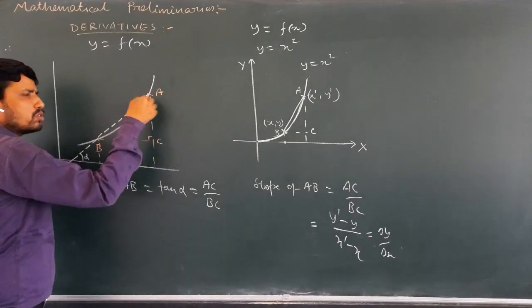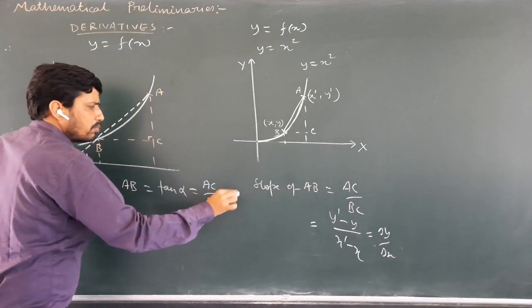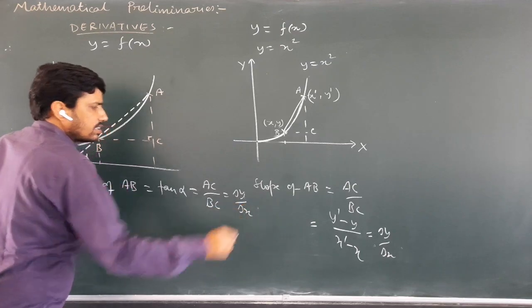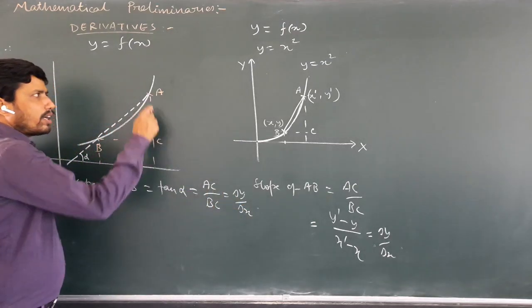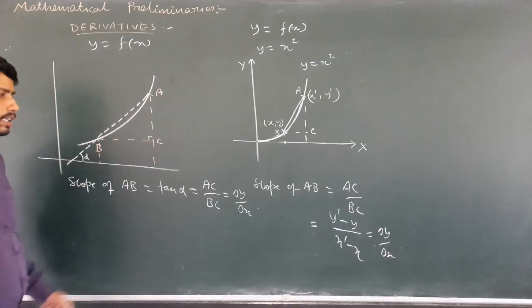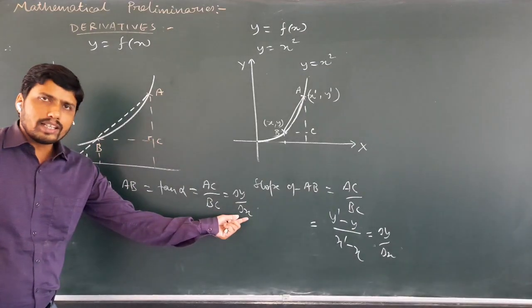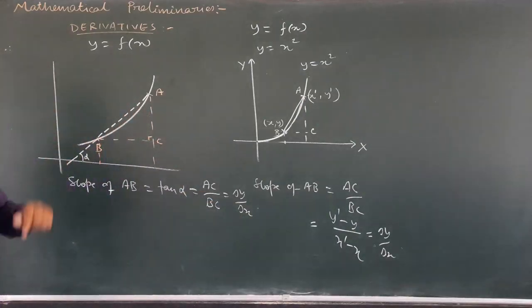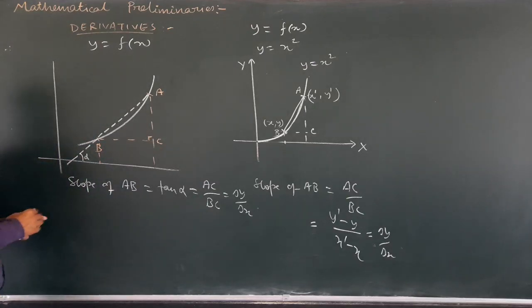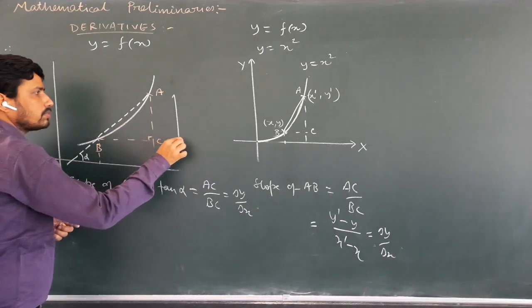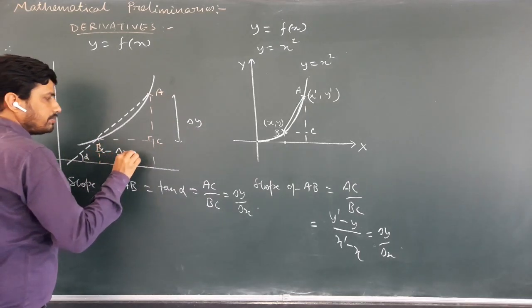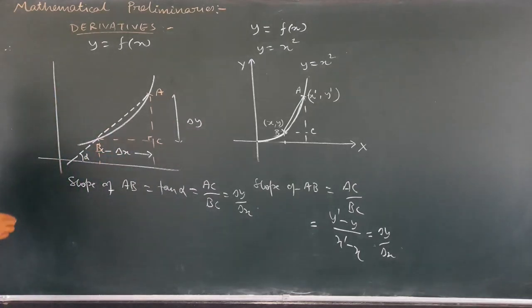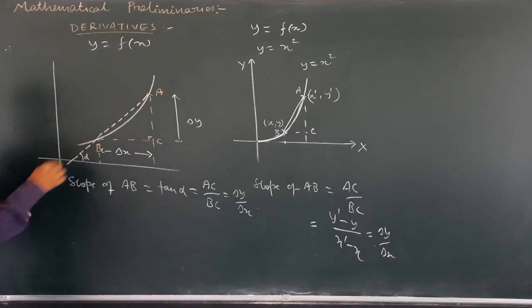And if we name these coordinates, we get delta y upon delta x, where delta y is the difference in y coordinates of points A and B, and delta x is the difference in x coordinates of the points A and B. Now this is delta y and this is delta x. This is the concept of slope of a straight line AB.